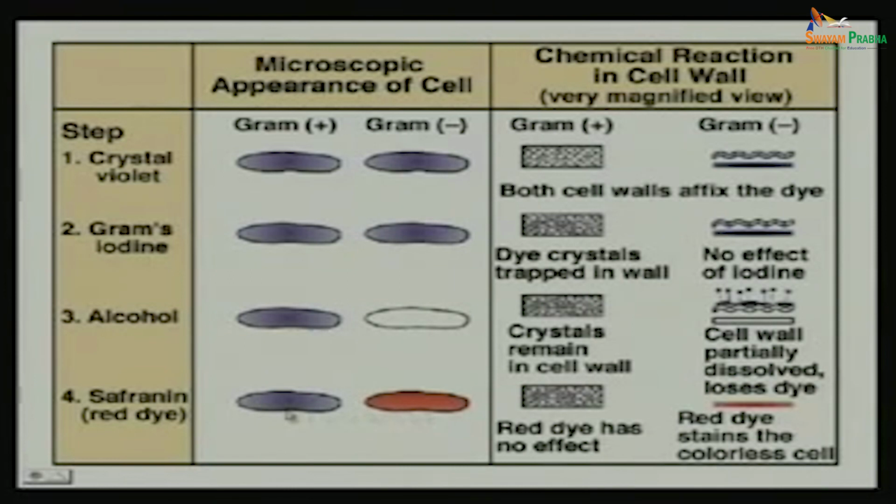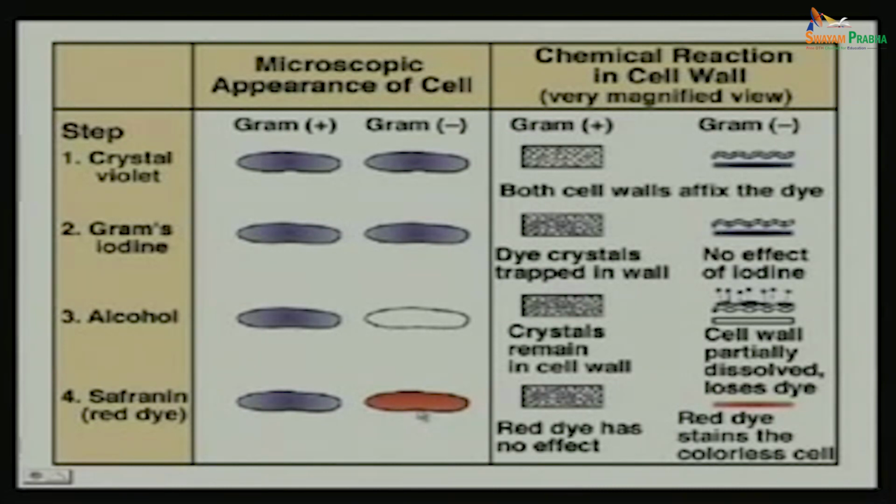The group giving the crystal violet color is called gram positive, and the other group, which is red in color, is called gram negative. This way bacteria can be classified as gram positive and gram negative.